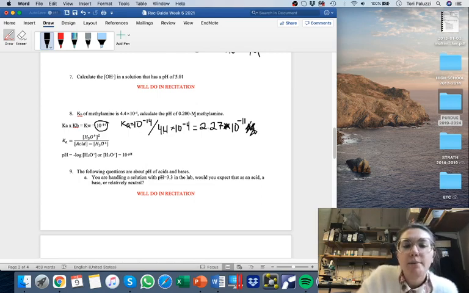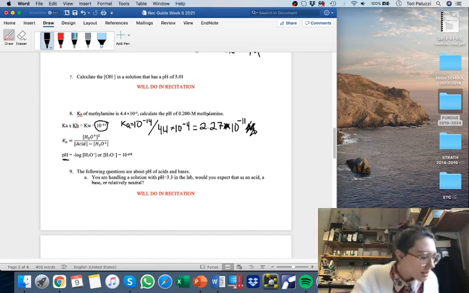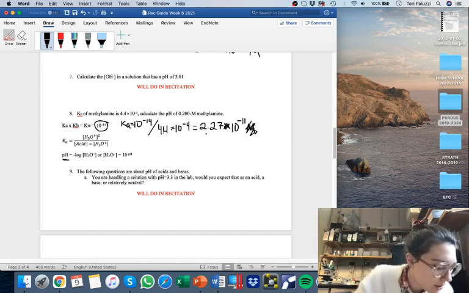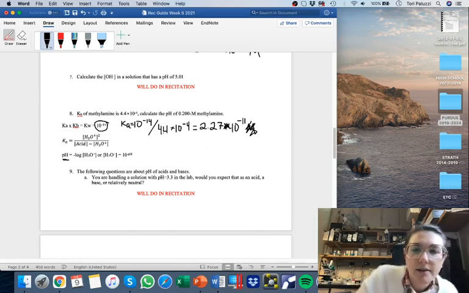All right, and then I know I have a pH of something, which we're going to get, and we first would like to see what the concentration of our hydronium ion is, and we know that to be our methylamine, which is going to be our acid, so that is going to be 0.2. I know that this 2.27 value is going to equal x squared, because I don't know the pH, so you can assume that is x.